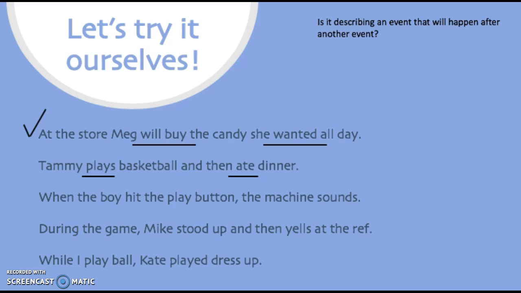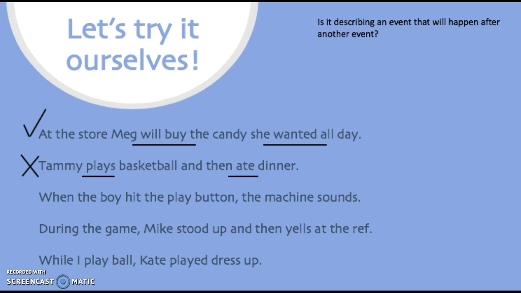Well, Tammy could play basketball and then eat dinner, but there's nothing that is describing something that will happen in the future. It is talking in the present when it says Tammy plays, and this is talking in the past. So there's nothing that will happen. Therefore, this sentence is not correct because it is not describing something that will happen after another event.